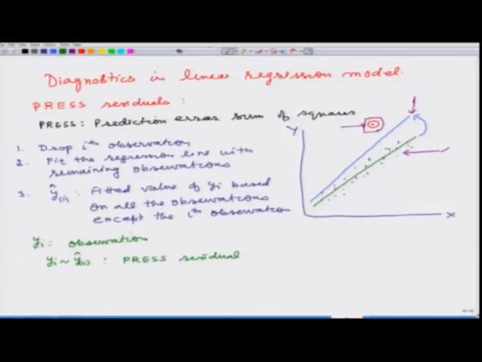These PRESS residuals help in checking the quality of fit, meaning the model we have obtained on the basis of the given set of data. We denote this PRESS residual as e with i in the bracket.